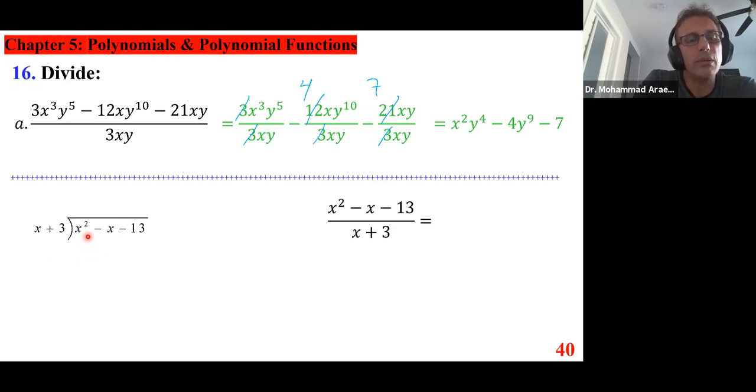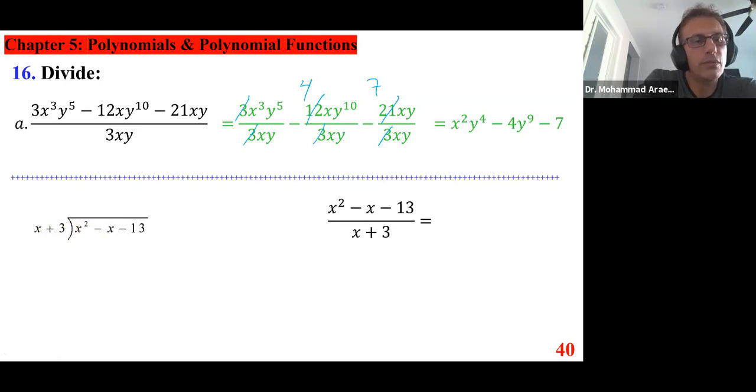So how do we do that here? We look at only the first terms: the first term of the dividend and the first term of the divisor. We divide these two to begin with.